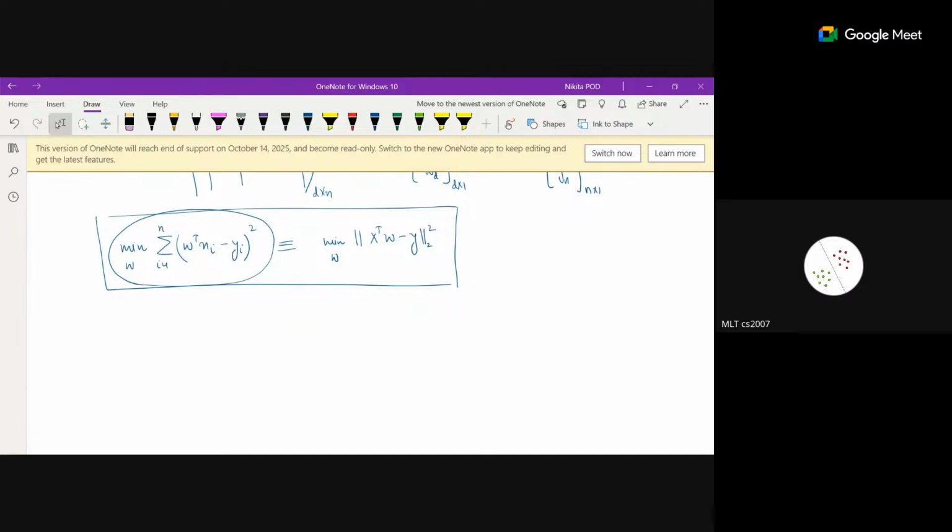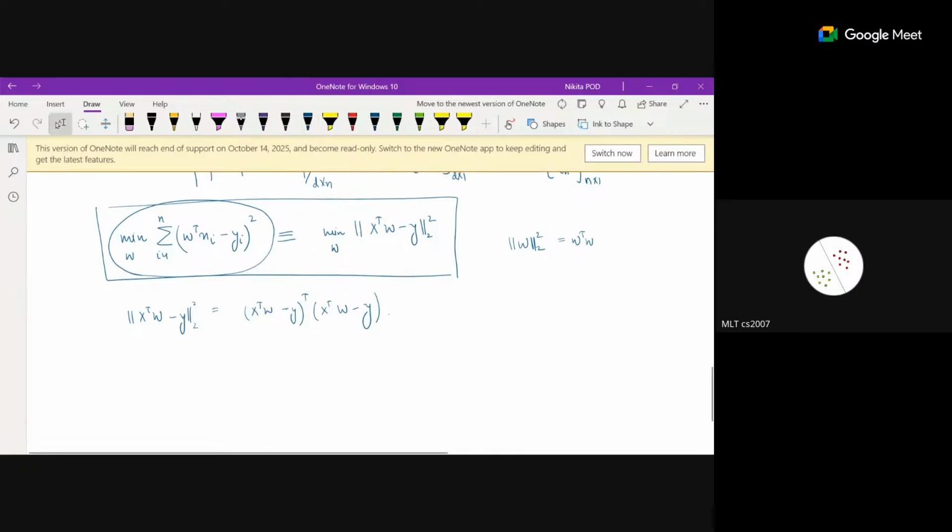So this norm of x transpose W minus y, we can write as x transpose W minus y, transpose, times x transpose W minus y. To remember, if W is any vector, I can write the norm squared as W transpose W. So in this case, we have x transpose W minus y. Let's solve for this.